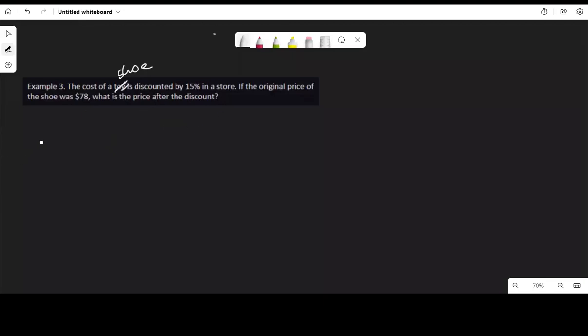One of the methods is to calculate 15% of $78 first, then subtract whatever we get from $78.